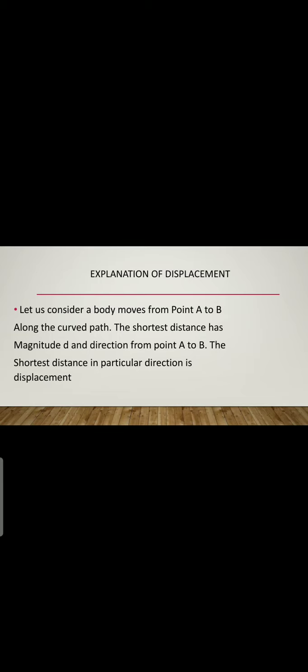Let us consider the explanation of the displacement. Let us consider a body moving from point A to B along the curved path. Again, we have taken the curved path and we have taken 2 points on the curved path, the starting point A and the ending point B. Now we consider that the body moves along the curved path.